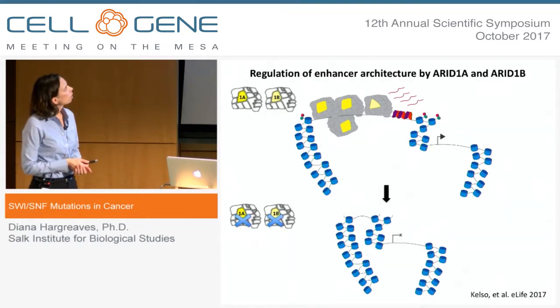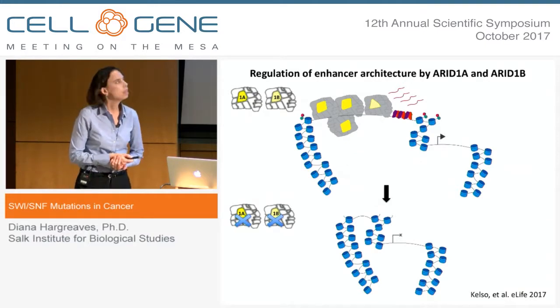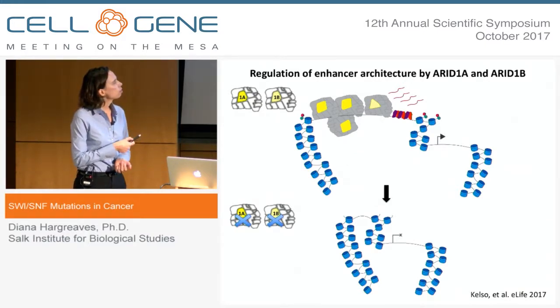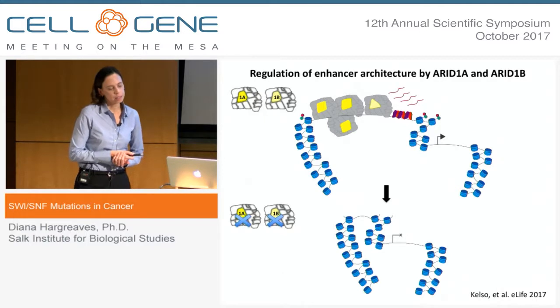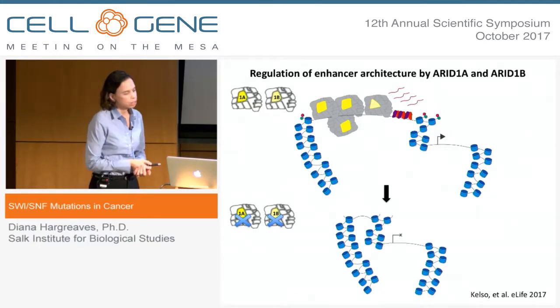We have estimated that ARID1A complexes are about 7-fold more abundant than ARID1B complexes. We find that they are primarily enriched at enhancer elements where they maintain chromatin accessibility, these active histone marks and transcription factors, as well as eRNA synthesis that I didn't show you. And then upon loss of these factors, you get a collapse of these regions, potentially impacting gene expression.